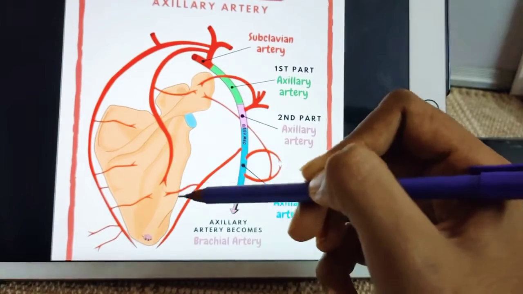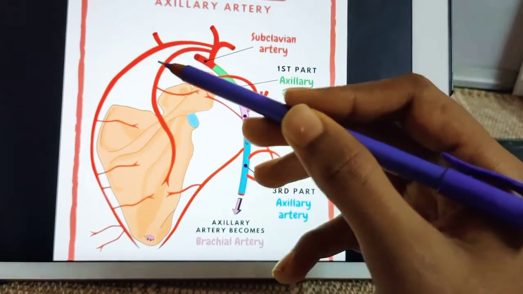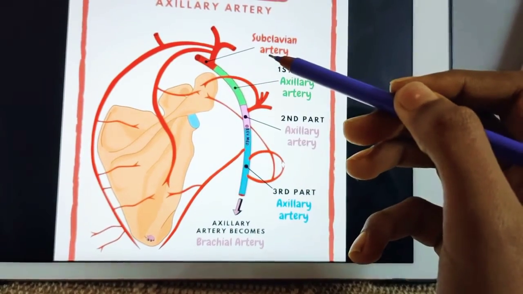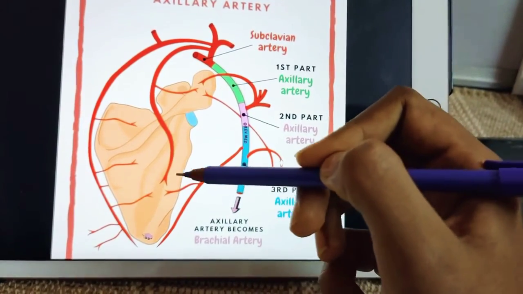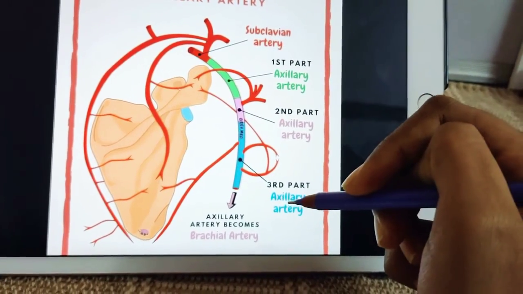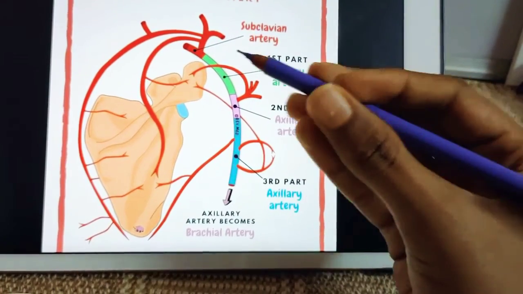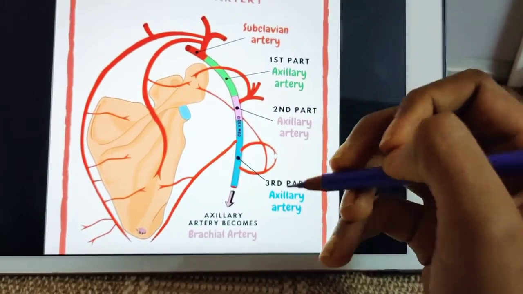So among the three arteries, we have got to know about the two arteries which are directly coming from the first part of subclavian artery. The third is coming from the third part of axillary artery. Actually, axillary artery is divided into three parts: the first part, the second part and the third part.